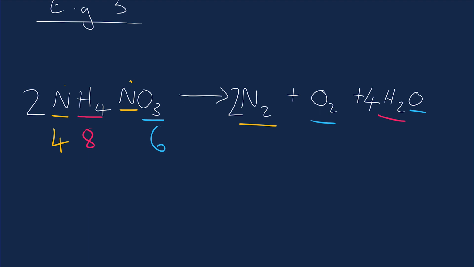On the right hand side we have 2 lots of 2, 4 nitrogen, 1 lot of O2, 2 oxygen, 4 lots of H2, 8 hydrogen, and 4 lots of O, 4. So remember, we have oxygen present in more than one thing. So 2 plus 4, we have 6 oxygen total. So this is a balanced equation.